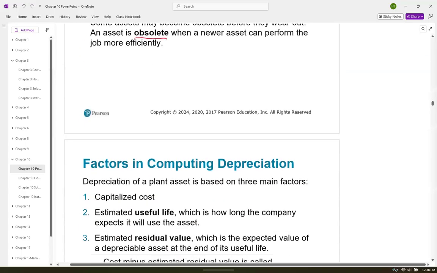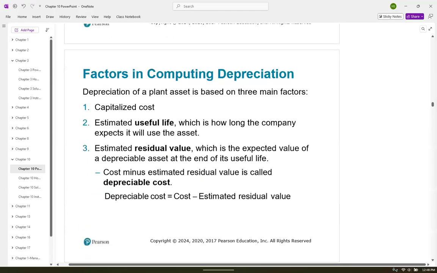So there are three things that go into calculating depreciation. We have the cost, which we just learned in the previous video how to find. Then we have the useful life: how long do we plan on this asset lasting us? And then the third thing is residual value. Sometimes I will call it salvage value.